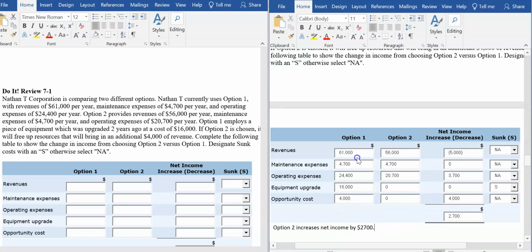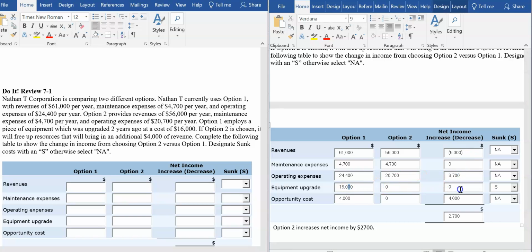Ultimately, if we choose option two and stop doing option one, we will decrease our net income by $5,000. Maintenance costs do not change. Operating expenses will go down, offsetting some of our loss in net income.